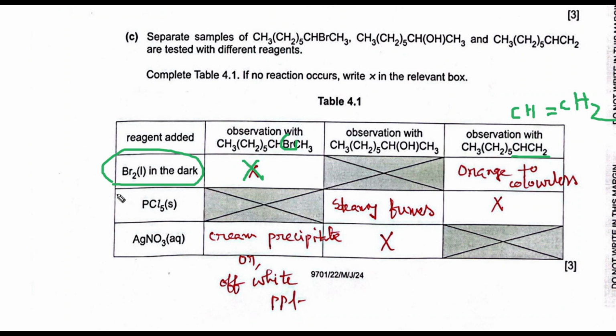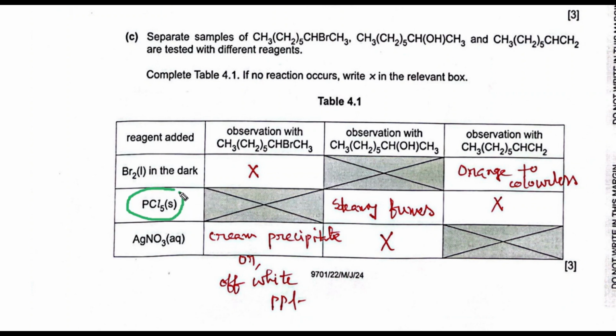And if you add bromine water or liquid bromine, this alkene reacts: orange to colorless. If you add bromine water or aqueous bromine to alkene, the orange bromine solution turns colorless.